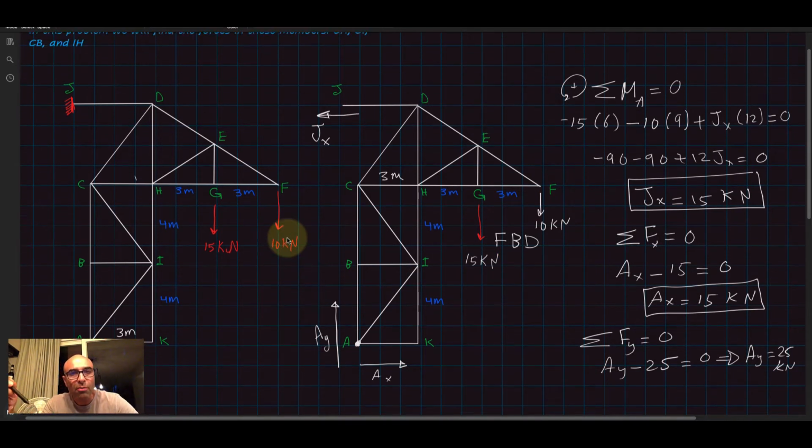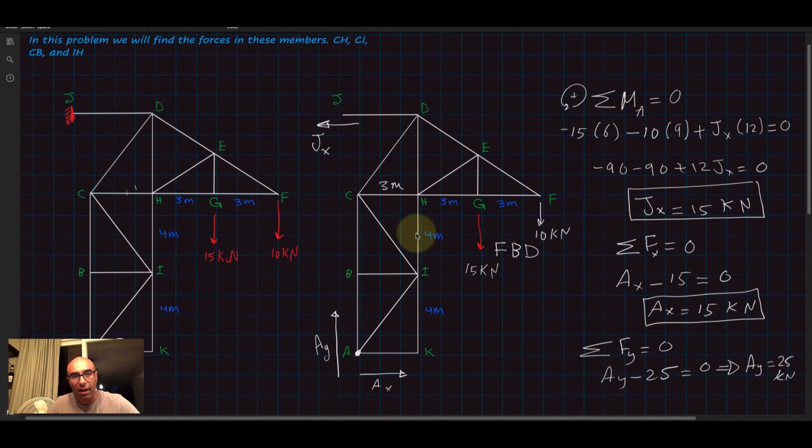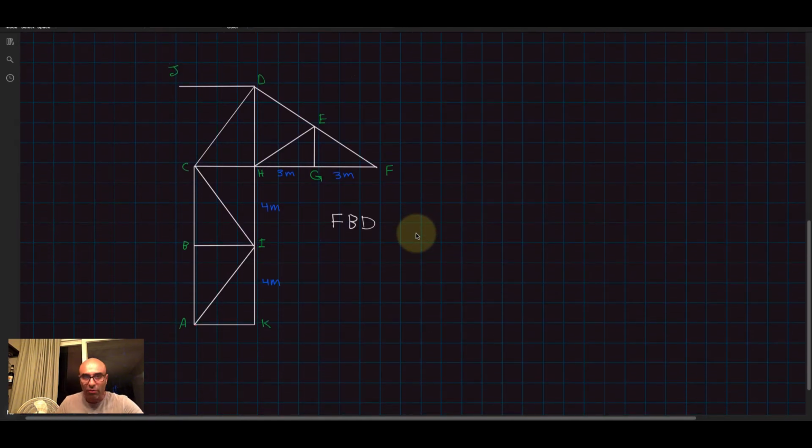Let's move on to what the problem is asking us to do, which is to find the forces on these members, CH, CI, CB, and IH. Where are those members? As you can see, those members are here. Those are the three members. So I am going to copy this free body diagram and put it down here, and I'm going to identify all the forces that I found.